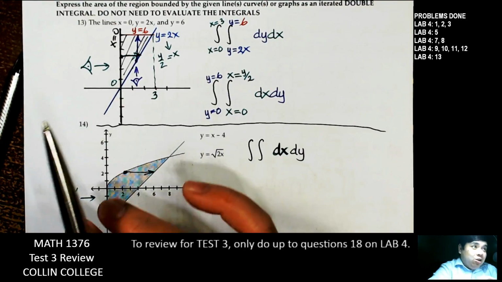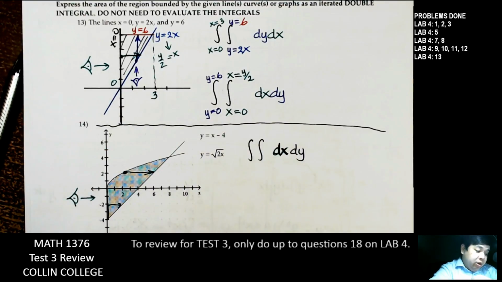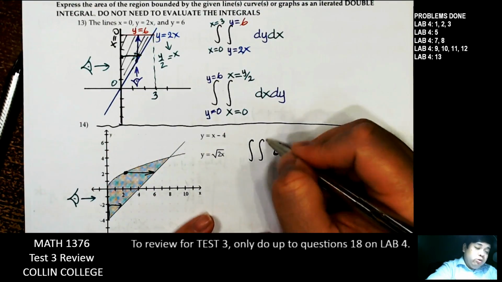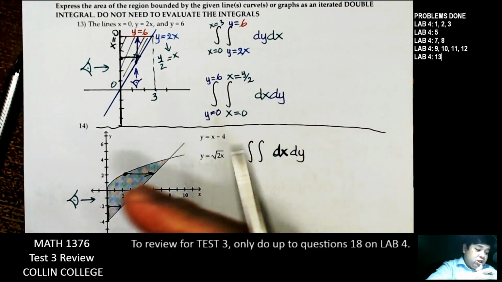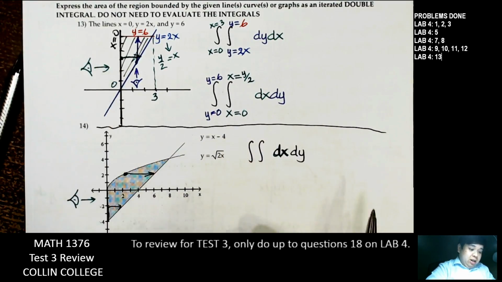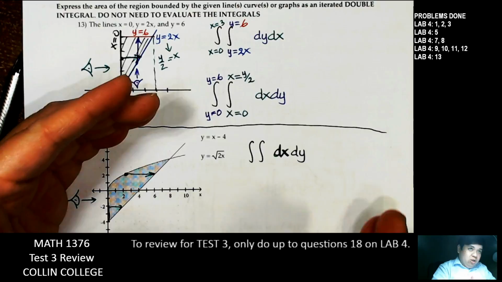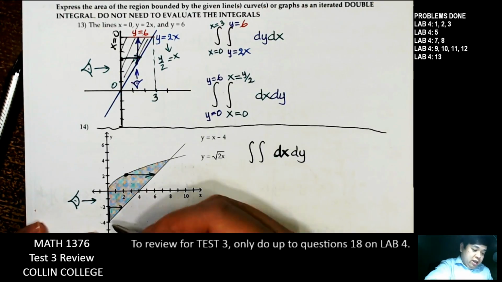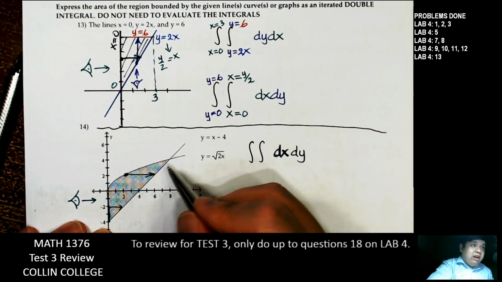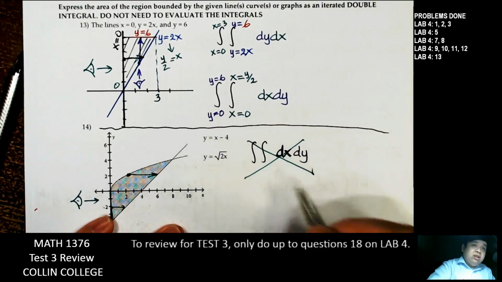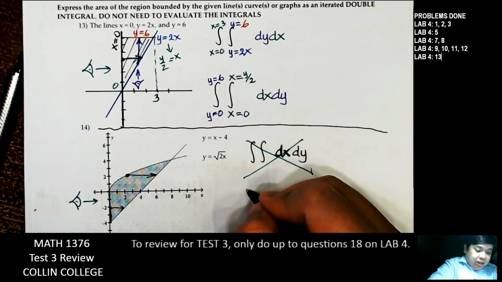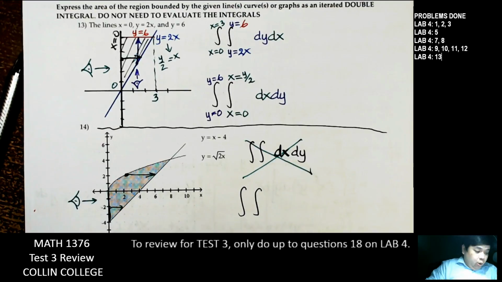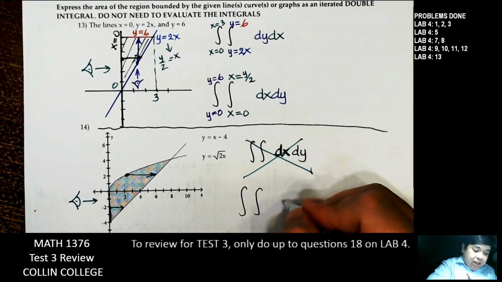Inconsistency like this is a big no-no, because we can only set up two functions. One for the top consistently, one from the left and one on the right have to be consistent. Here we have two functions on the left, so this will not work. So it has to be the other way around, where we put the y inside.